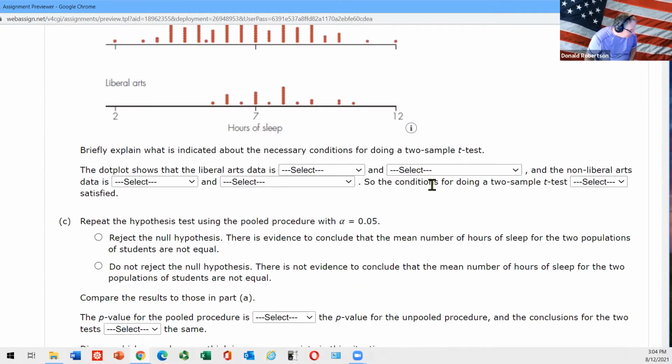So when they're talking about the conditions for a 2-sample t-test, let me take you through the gist of what you want to be true so you can use the t-test.